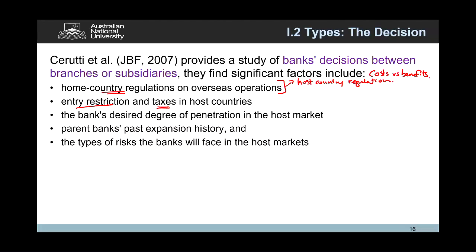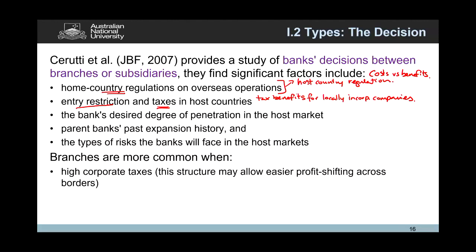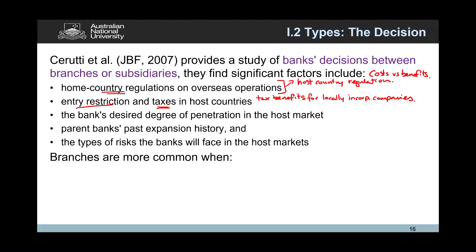There could be tax benefits for locally incorporated companies, and the bank's desired degree of penetration in the host market.